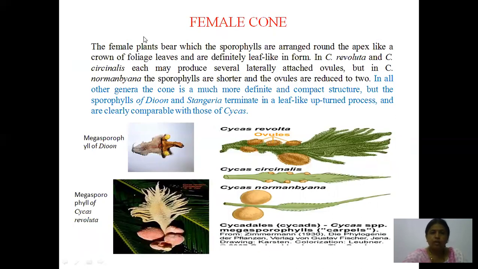In the female cones, the female plants bear sporophylls arranged round the apex like a crown of foliage leaves and are definitely leaf-like in form in Cycas revoluta and Cycas circinalis. Each may produce several laterally attached ovules, but in Cycas norumbeana, the sporophylls are shorter and the ovules are reduced to two.